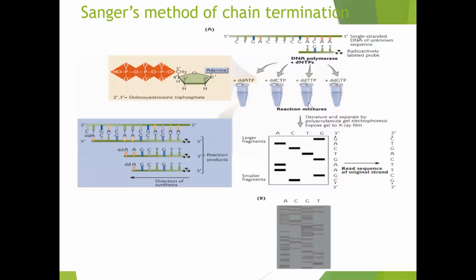And then the third reaction is ddTTP. ddTTP means the ddTTP gets incorporated wherever there is A. How many A's are there? 1, 2, 3, 4. Then 4 possible products are formed.